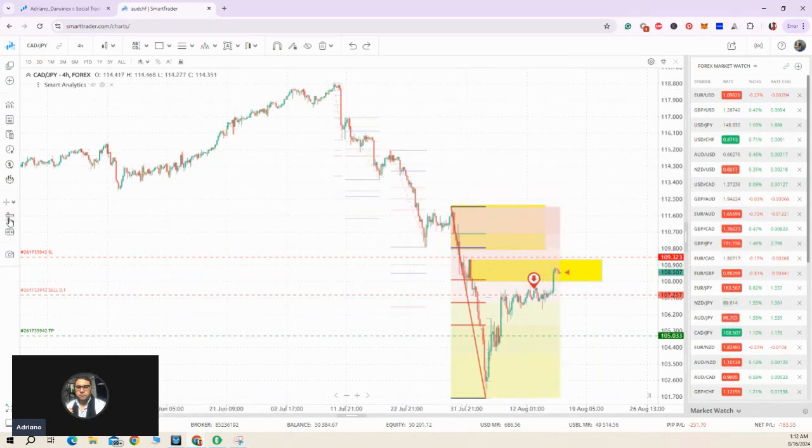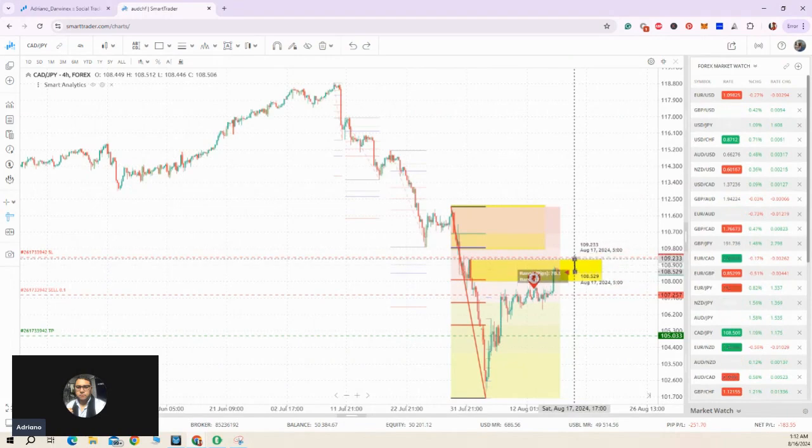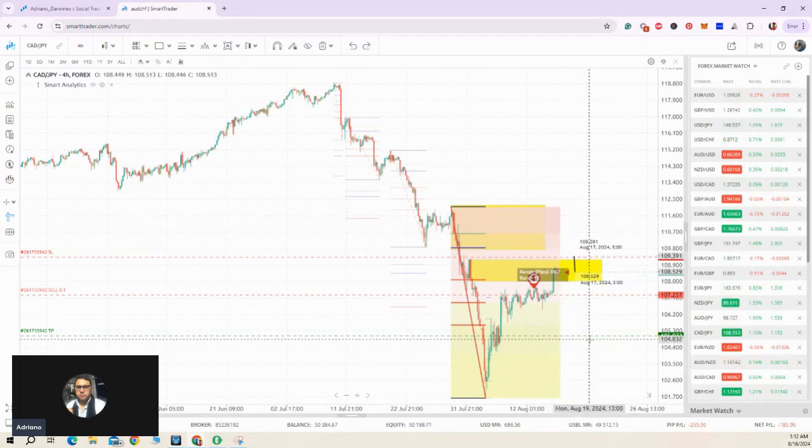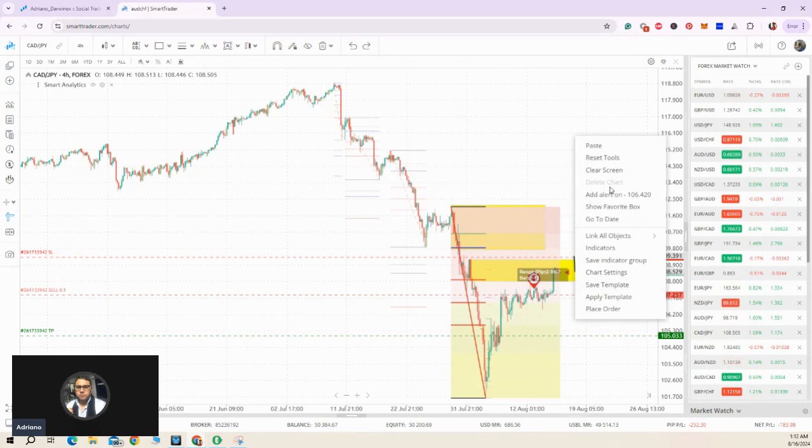Let's see how much is the risk here. 80, 81 pips. Now, I'm not going to take this trade just because I already have a lot of trades on the Japanese yen. So I'm just going to avoid this for now.